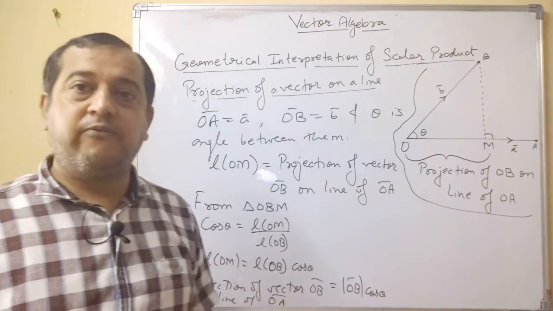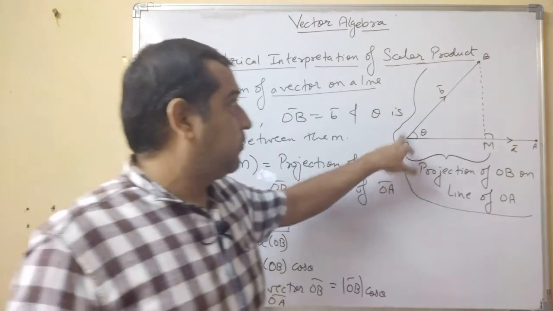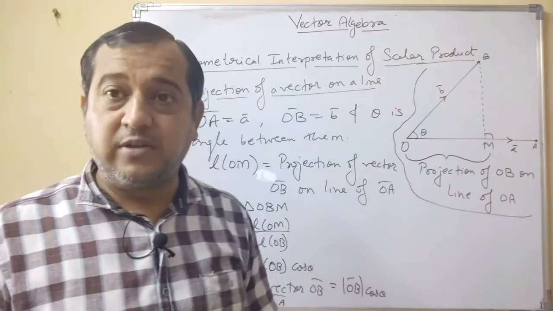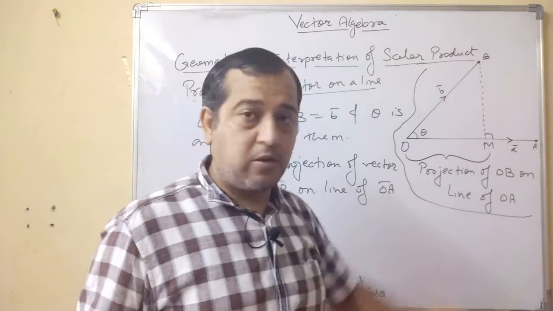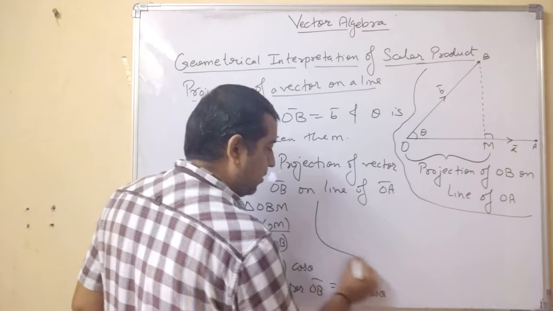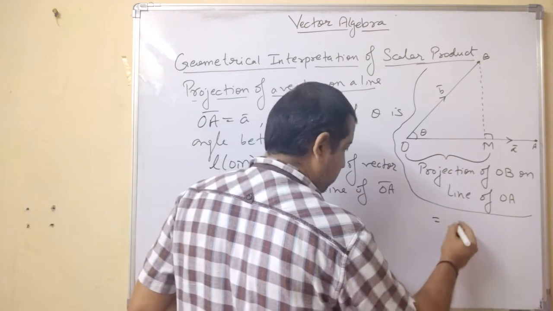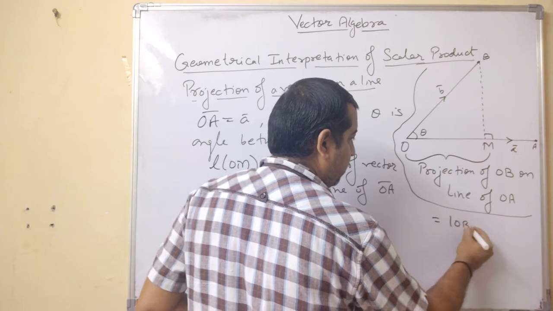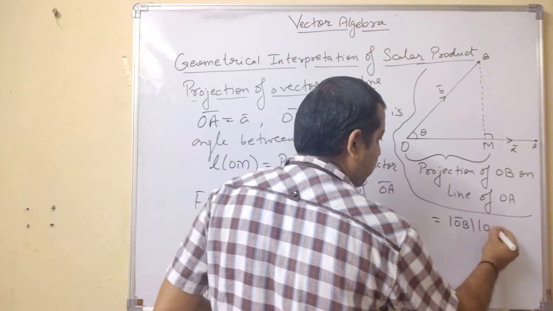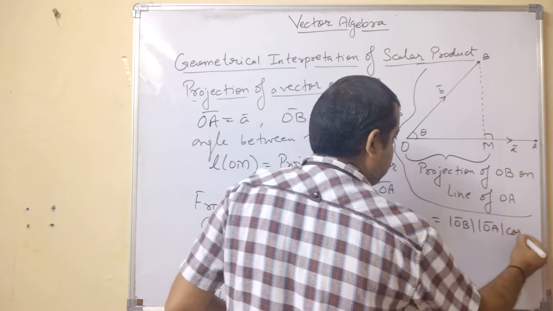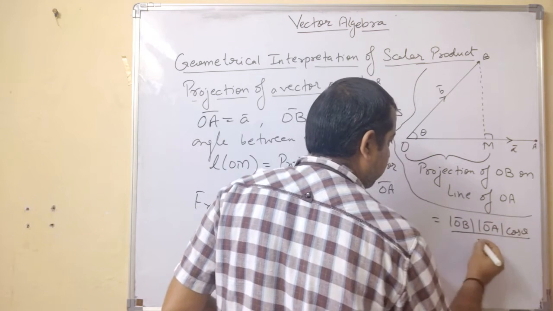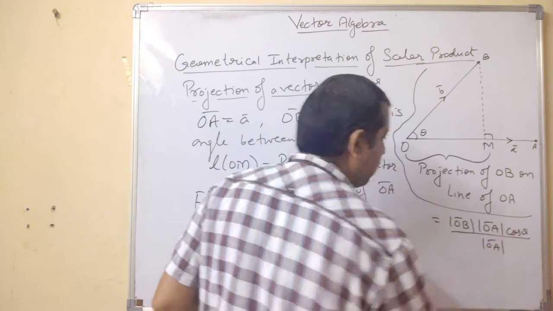Length OB means mod of vector OB, because from O to B the length is nothing but the magnitude of the vector OB. This will give you mod vector OB into mod vector OA cos theta upon mod vector OA.